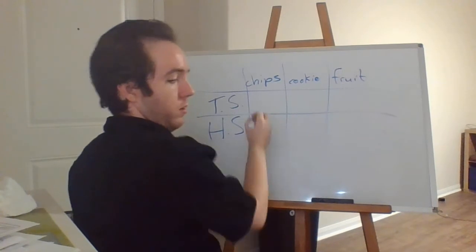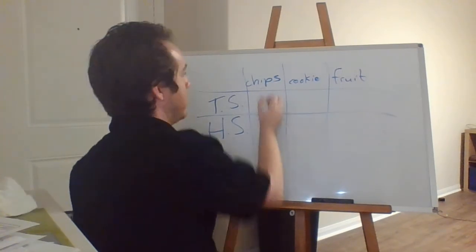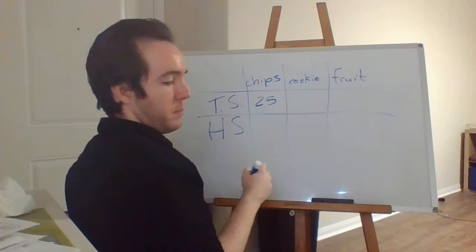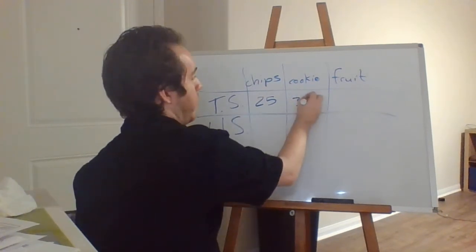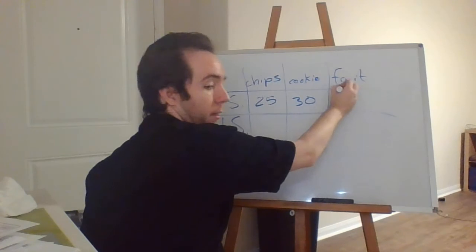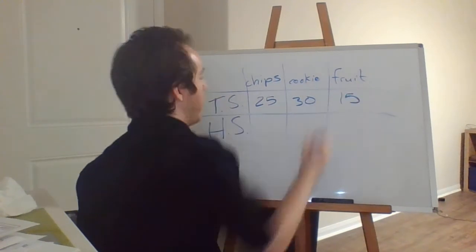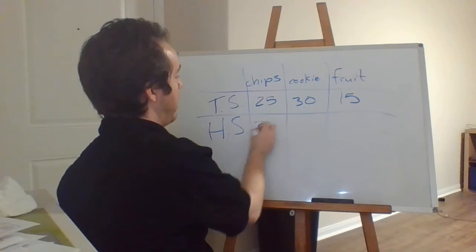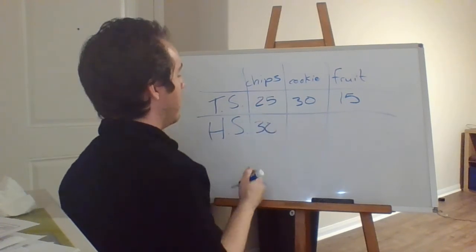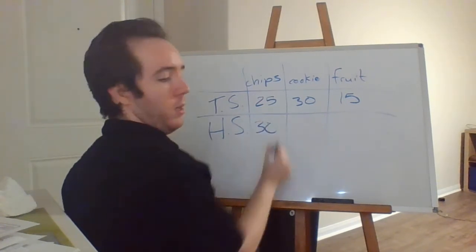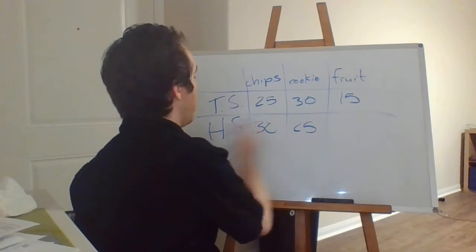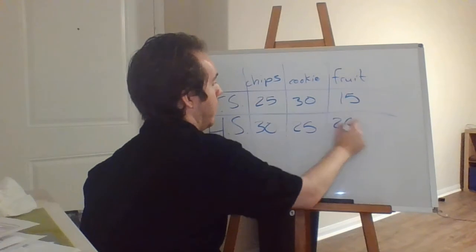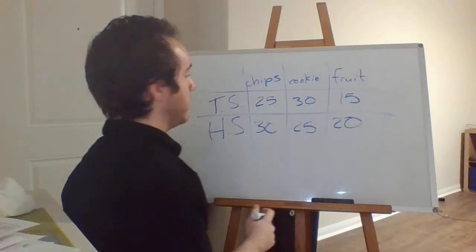Now, if you order the turkey sandwich, 25 people ordered the turkey sandwich with chips, 30 people ordered the turkey sandwich with a cookie, and 15 people ordered the turkey sandwich with fruit. Now, 30 people ordered the ham sandwich with chips, 25 people ordered the ham sandwich with a cookie, and 20 people ordered the ham sandwich with fruit.